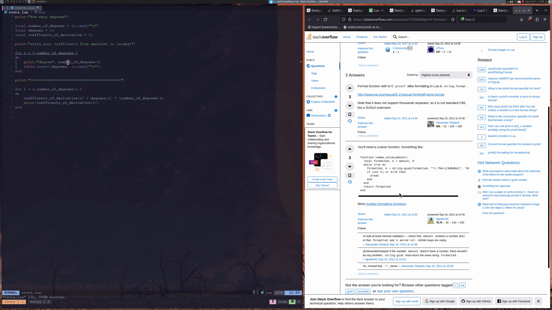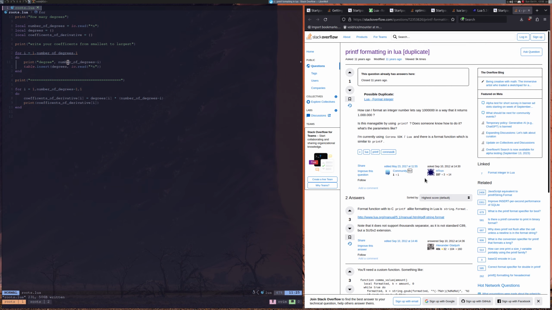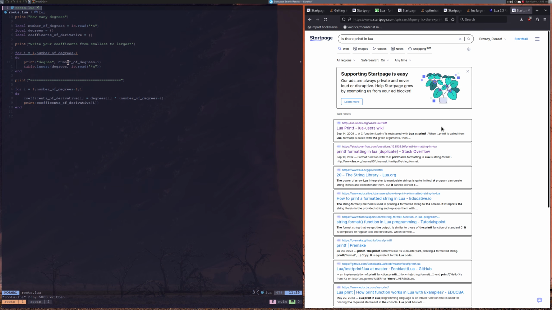You'll need a custom function. This is way off topic, but string.format.